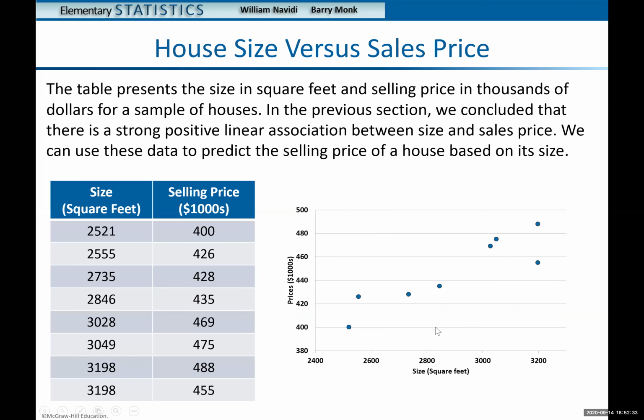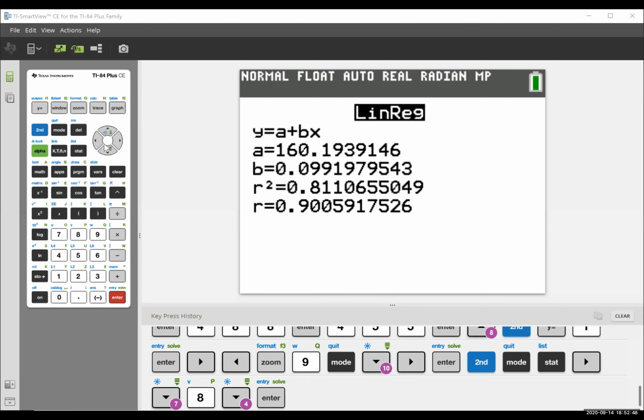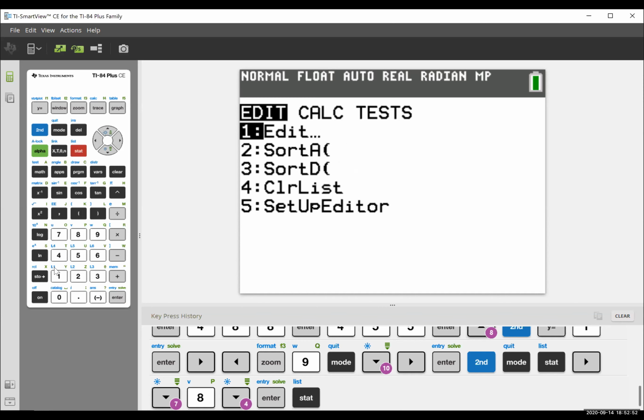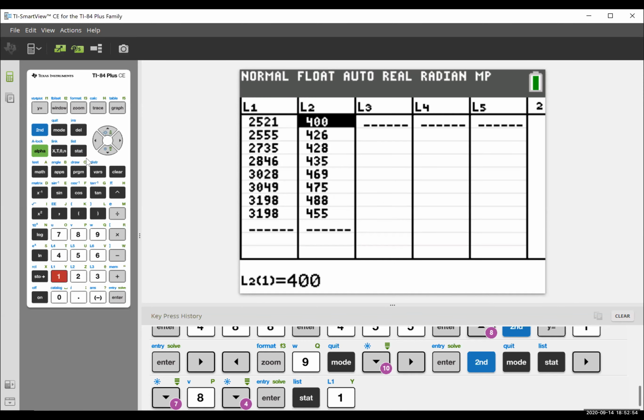So to compute, it's the same thing. I'm going to show you, I'm going to go back to the calculator, since I still have my data here. Yes, it's the same thing.